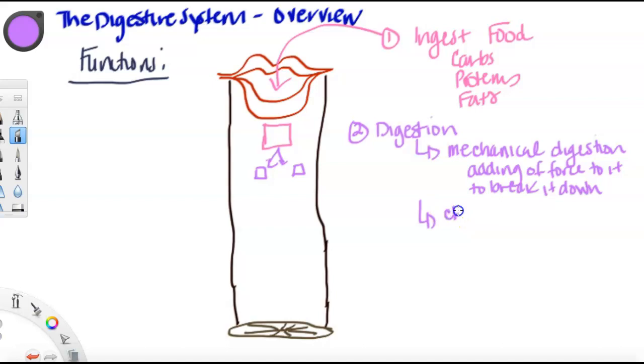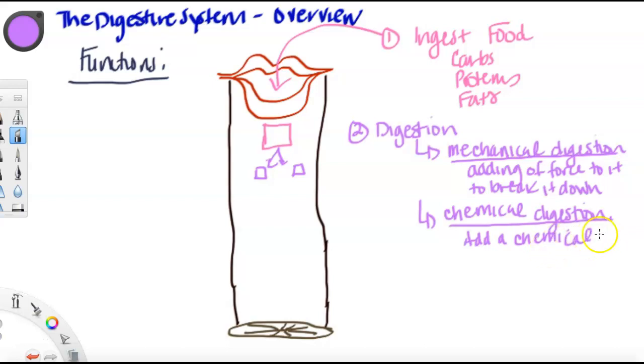The second way is chemical digestion. And chemical digestion does the same thing. It breaks things down, but it uses chemicals. So it'll add a chemical, an enzyme, and that will break it down.